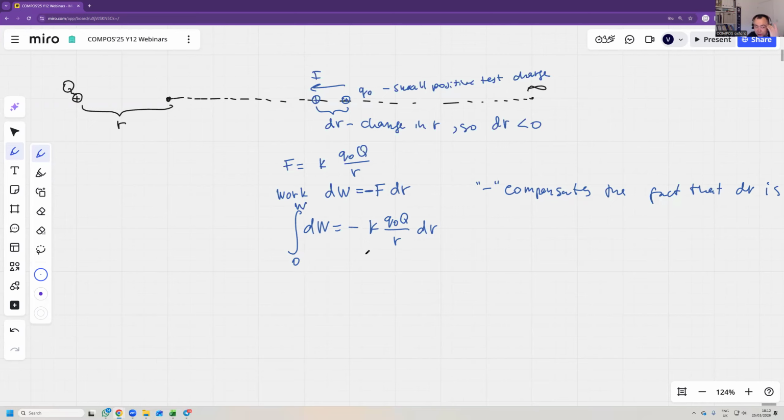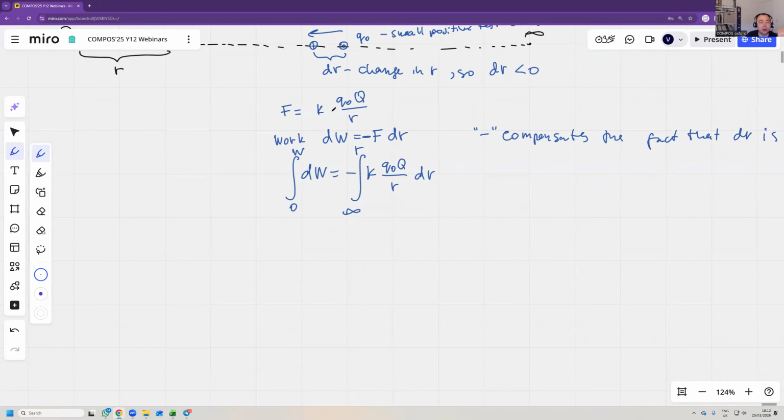That's the total amount of work that needs to be done. Then we integrate this from infinity to r, where r is the final position in the field. Lovely. The force is over r squared. Yes.